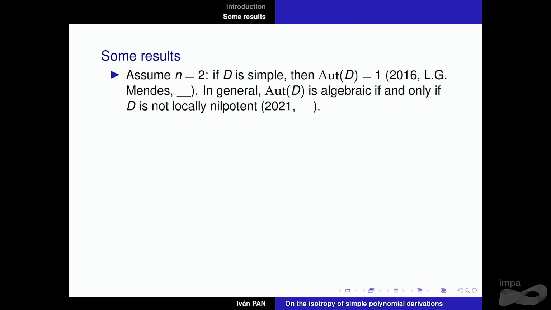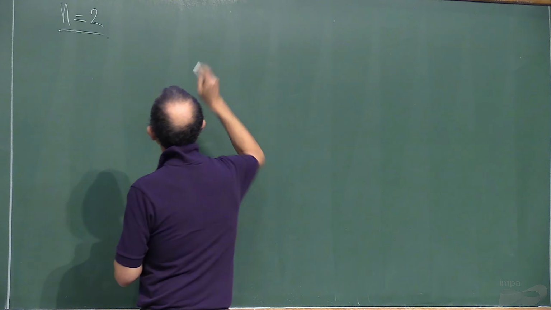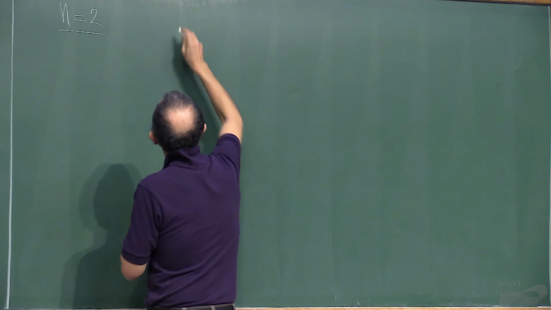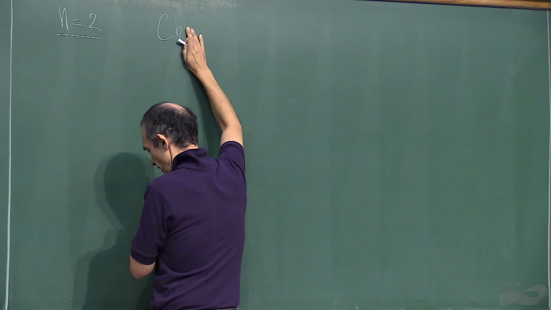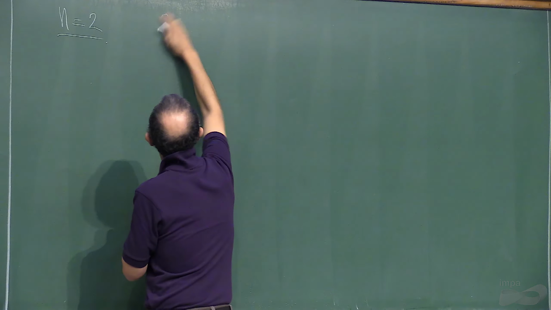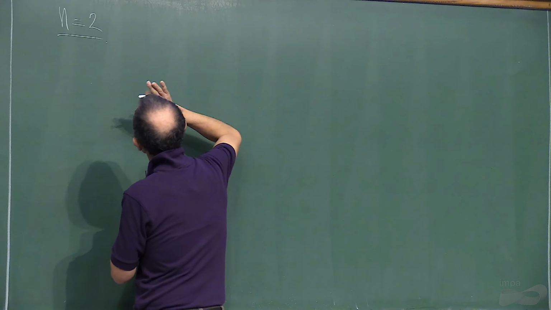Let me give an example here. In dimension 2, it's easier, obviously, but in fact, it's because of a result of, I don't remember how to write that, but I will put only the result.